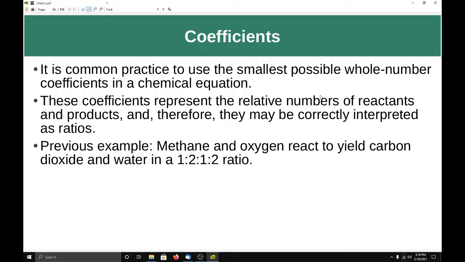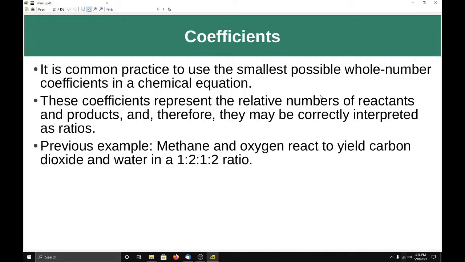It is common practice when we're writing out these equations to use the smallest possible whole number coefficients in a chemical reaction. If you can divide all the coefficients evenly by some value, you should do so. Get the smallest possible values. These coefficients represent the relative numbers of reactants and products, and therefore may be correctly interpreted as ratios.